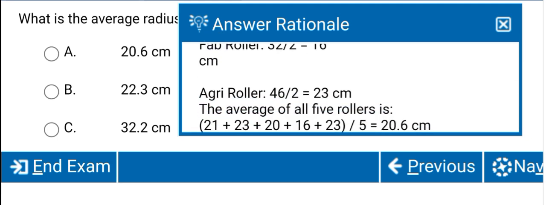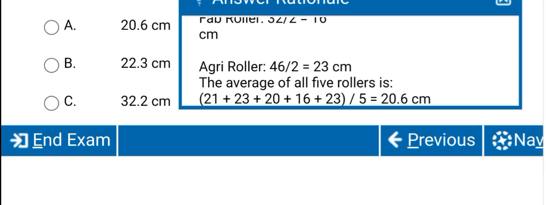Agri roller, 46 by 2 equals 23 centimeters. The average of all 5 rollers is (21 plus 23 plus 20 plus 16 plus 23) by 5 equals 20.6 centimeters.